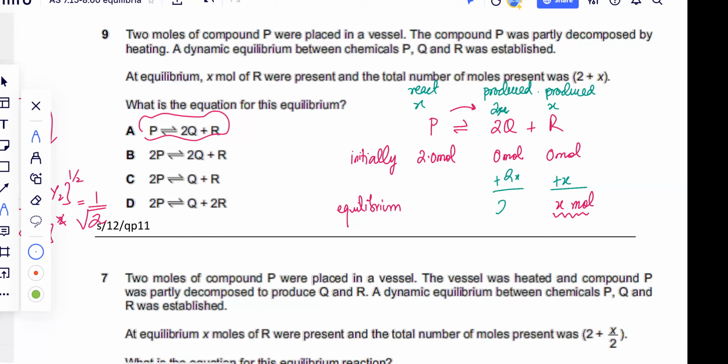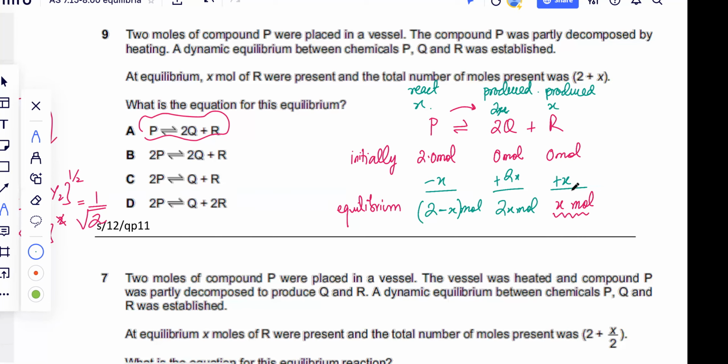So at equilibrium, you're going to have 2x moles. And for P, you had 2 moles and X moles reacted. So X moles are gone. So at equilibrium, you're going to be left with 2 minus X moles. So you found your equilibrium moles in terms of X.